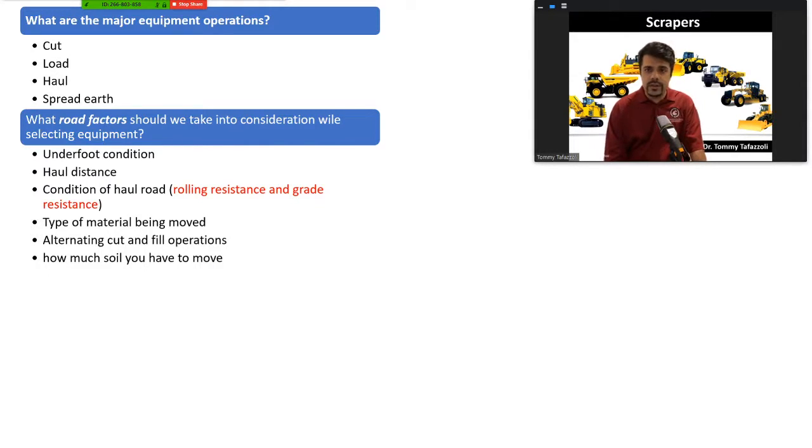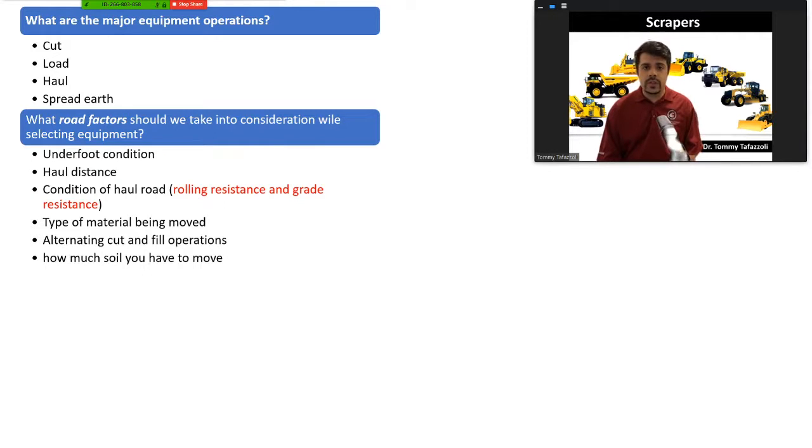Condition of the haul surface, such as the rolling resistance and grade resistance. For example, if you need to go up a hill, it would be very difficult for some equipment pieces to do that. But for a tractor or a crawler machine, it does not matter. It can move with almost any rolling resistance and grade resistance. I mean, not any, but for many of them.